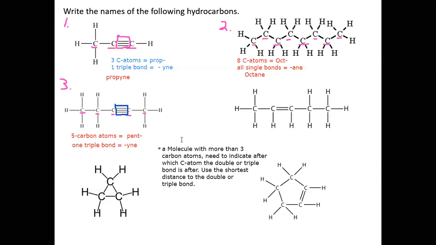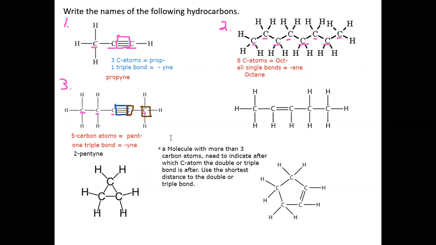And you have to use the shortest distance to the double or triple bond. So if we look here, if we go this direction, we have 1, 2. So the bond is after the second carbon, because if you go the other way, it's 3. 2 is shorter than 3, so we have to go with the 2. And this would be 2-pentyne.